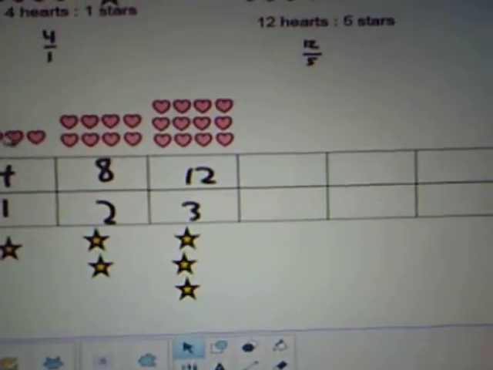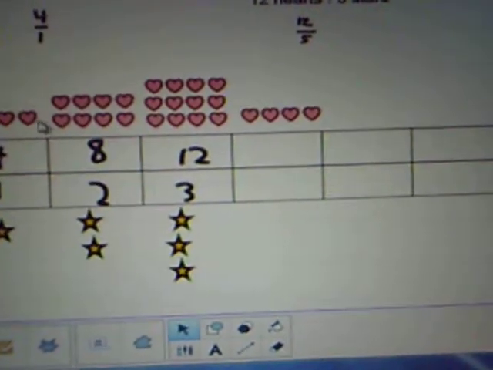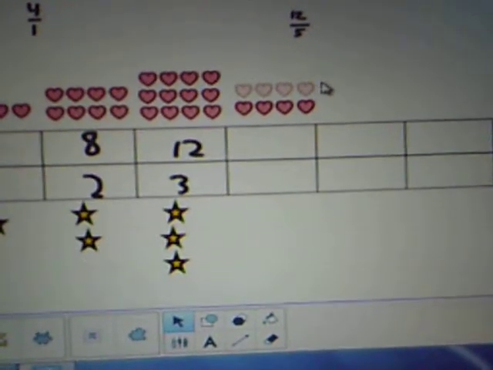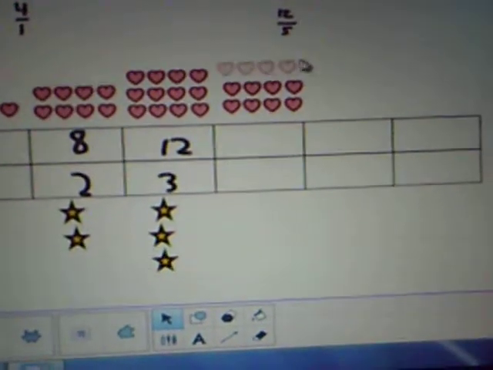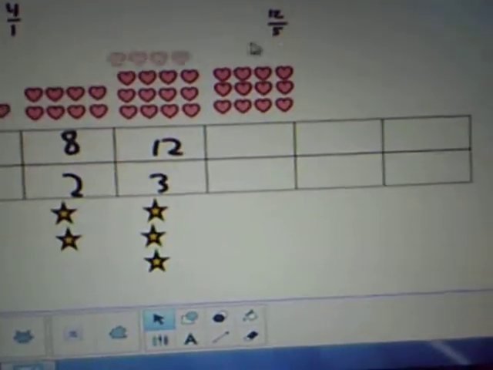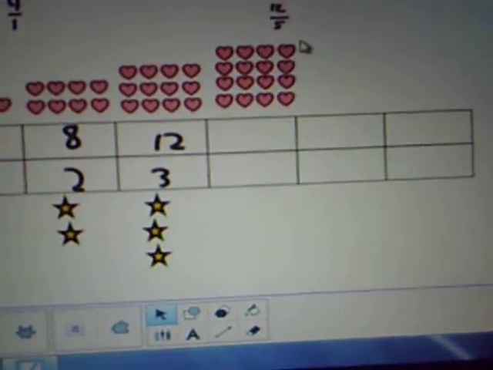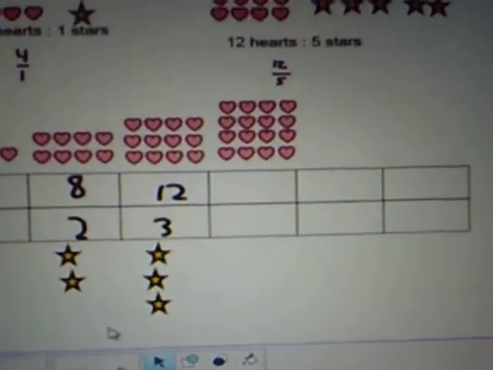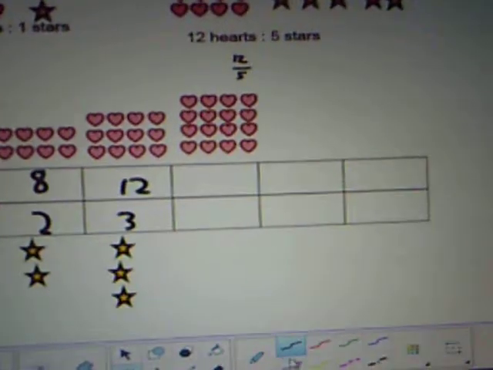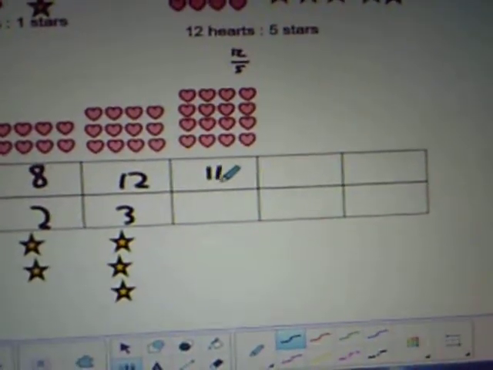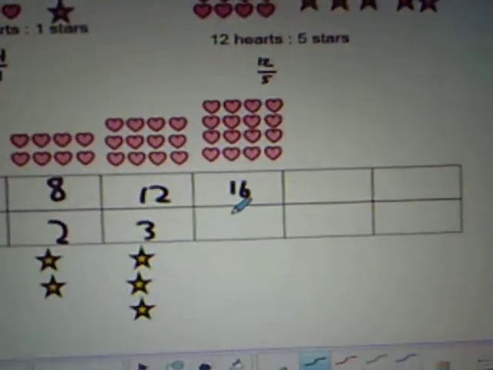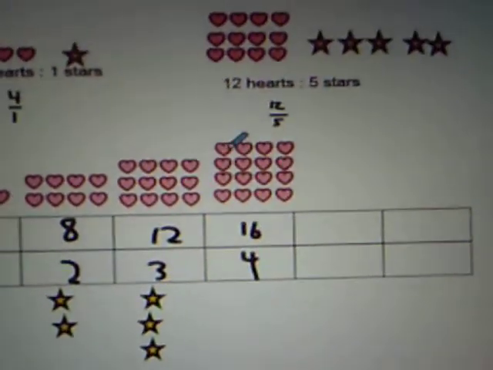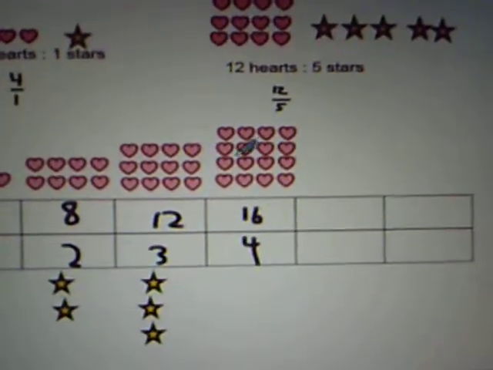And then I can keep going. I can add another set of 4 hearts. And this time, I can have 16 hearts. If I have 16 hearts, that means I would have 4 stars, because each set of 4 hearts gets 1 star.